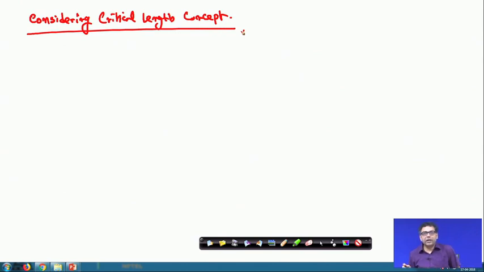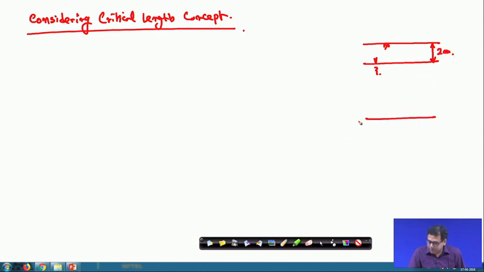So, if I consider the critical length, then what will happen? This is the ground surface, this is the water table position, which is at 2 meter, and the pile is 15 meter. So, this is 2 meter, this is 0 meter, and this is minus 15 meter, where the pile is resting.